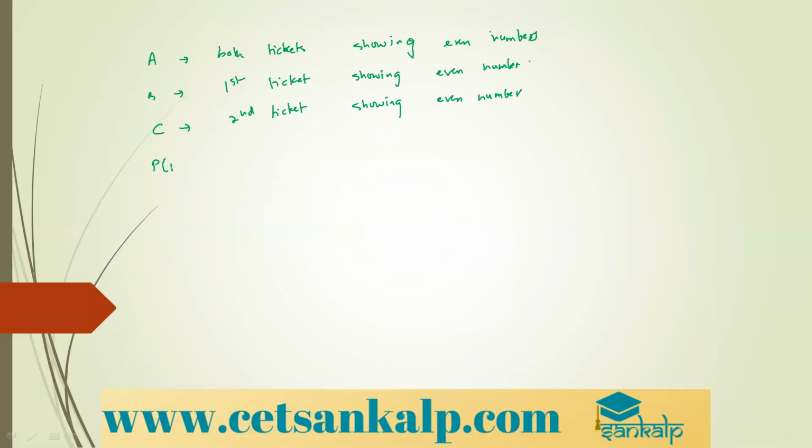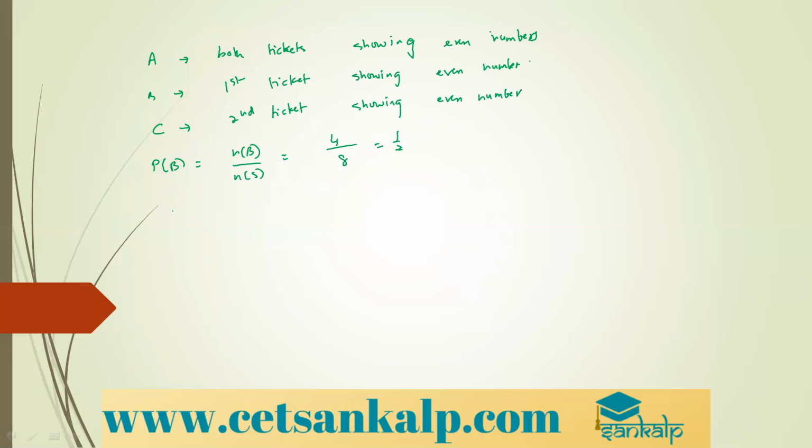So probability of B will be N of B by N of S. Even numbers are just 2, 4, 6, 8. So 4. Total 8. So 1 by 2 is the probability.